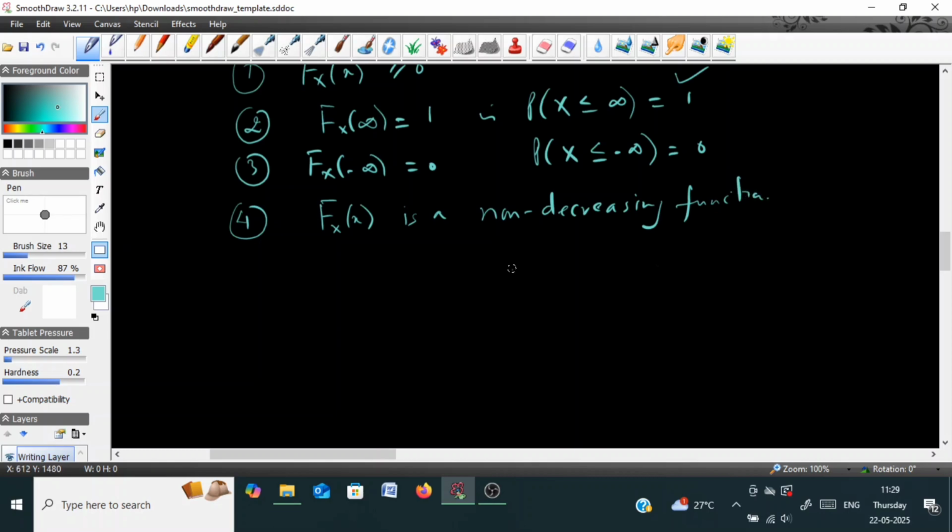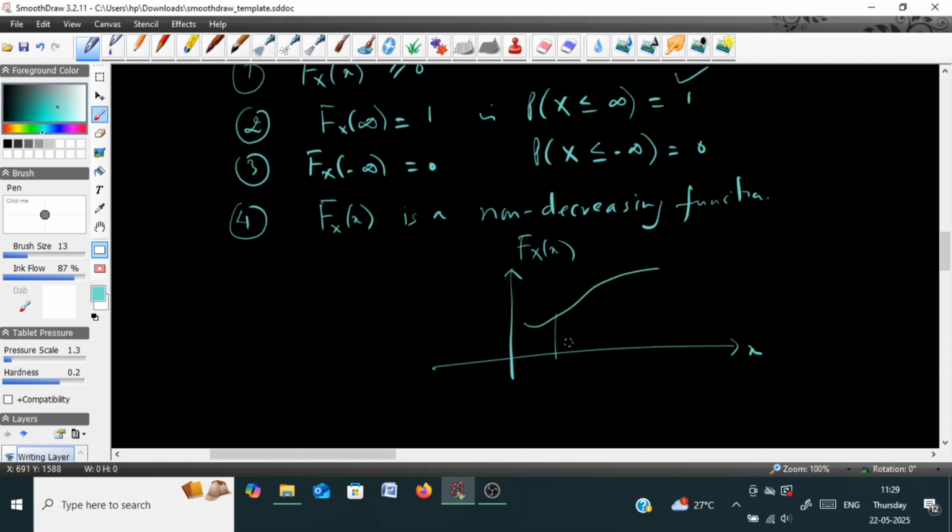So non-decreasing function means that if I have a plot of x versus F_X(x), it will be a non-decreasing function.